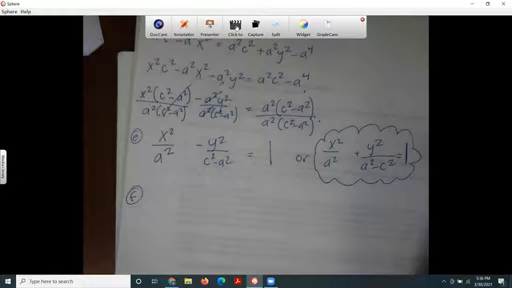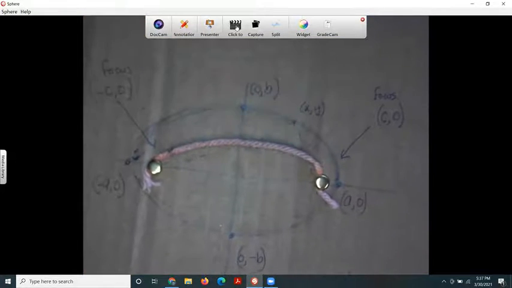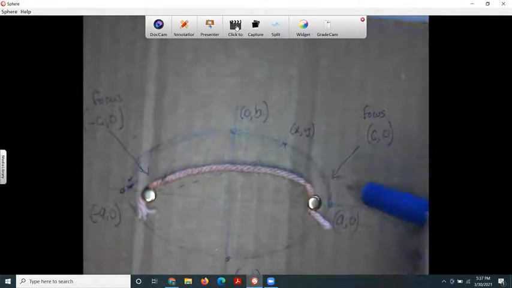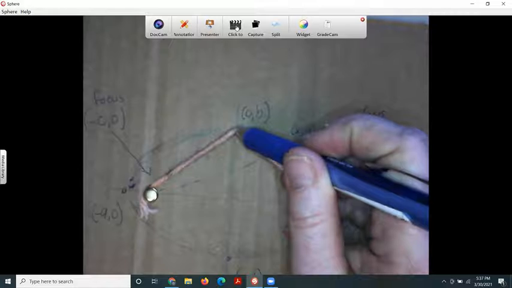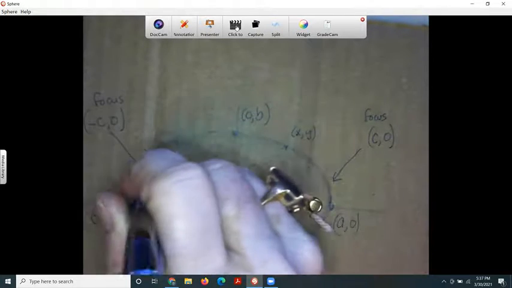Letter F says, write an equation relating A, B, and C. Move your pencil in the string to the point 0, comma B. I had to make one of these so that I could use it. So what was the length of the string? Does anybody remember?